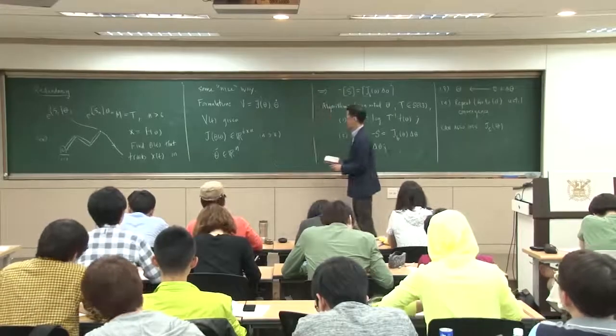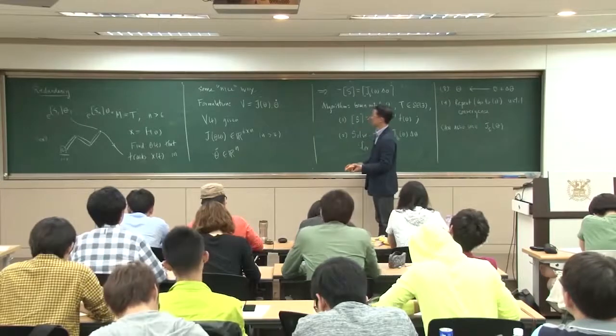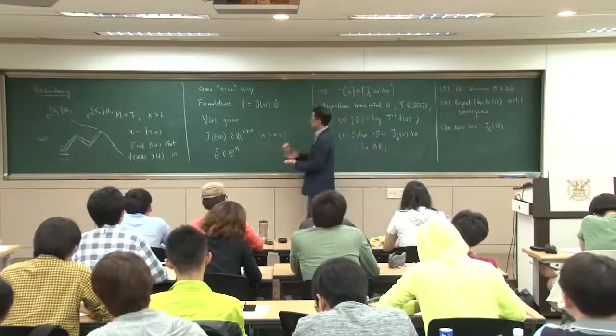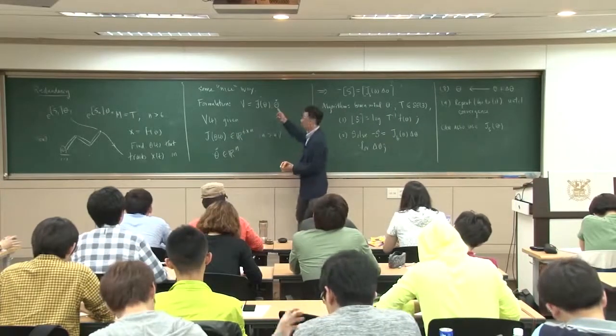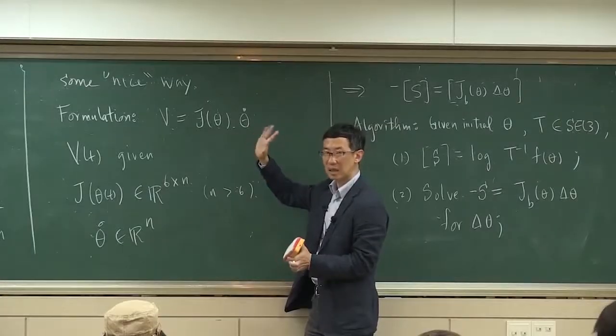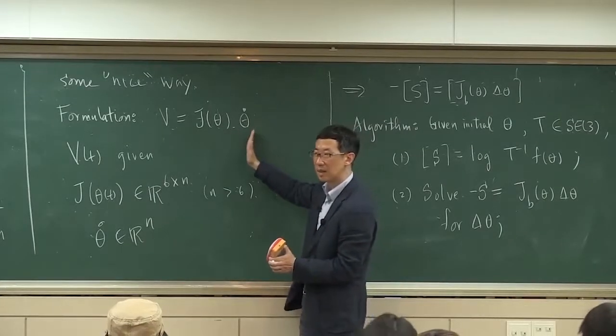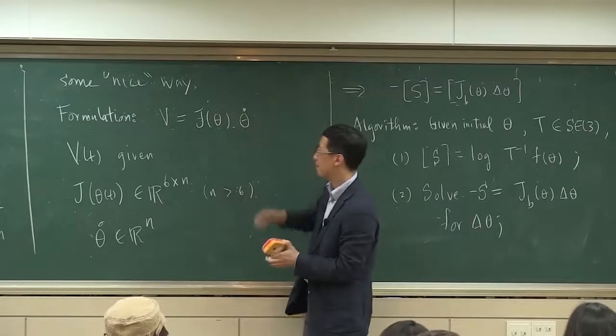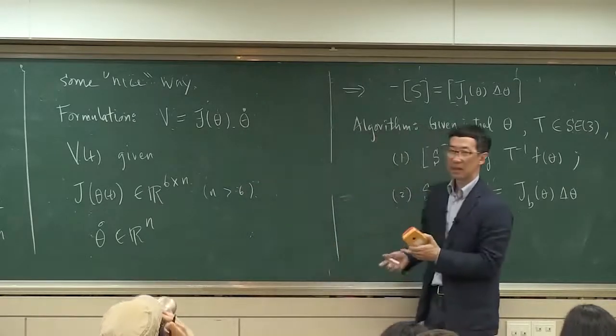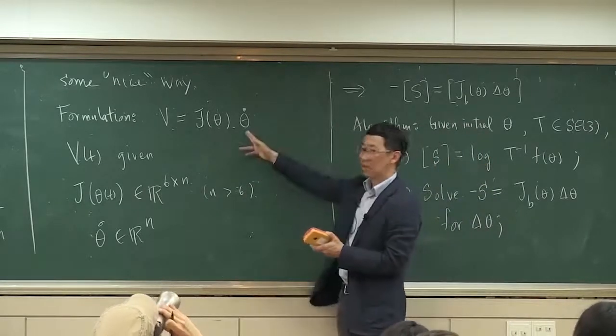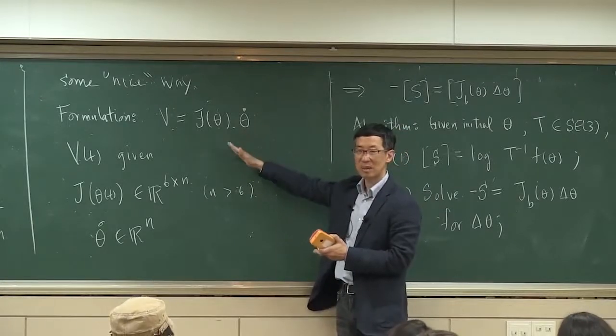Now, given v of t, we want to find theta dot of t. Not theta, but theta dot. Now there are an infinite number of solutions to this problem, right?